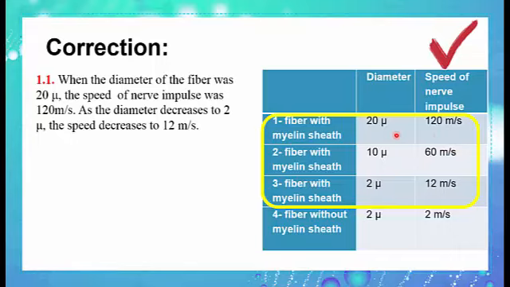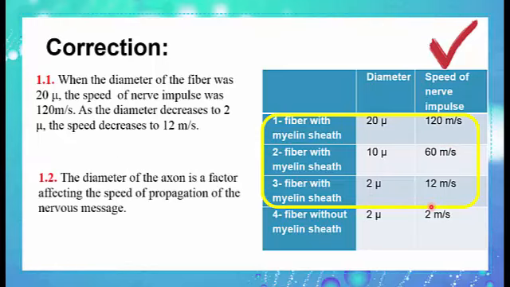As the diameter decreases from 20 to 2 micrometer, the speed decreases from 120 to 12 meter per second. What can we conclude? That the diameter of the axon is a factor affecting the speed of propagation of a nervous message, because when the diameter decreases, the speed decreases. So the diameter is a factor that affects the speed.